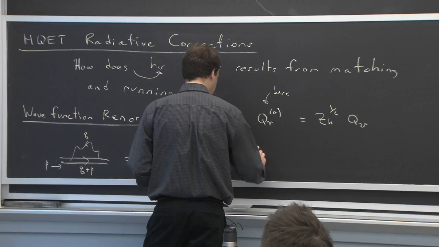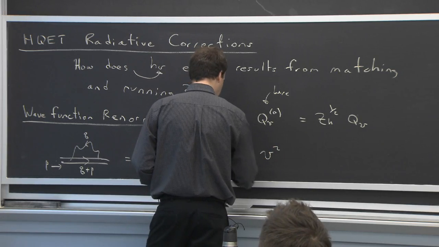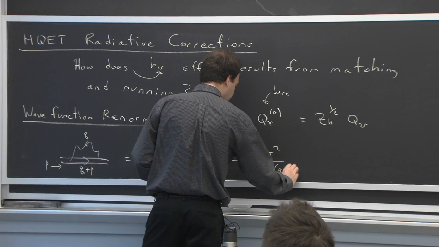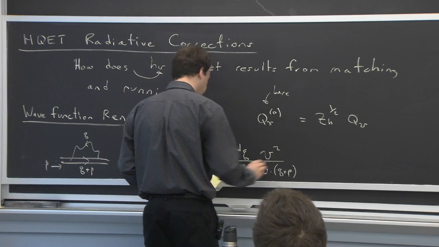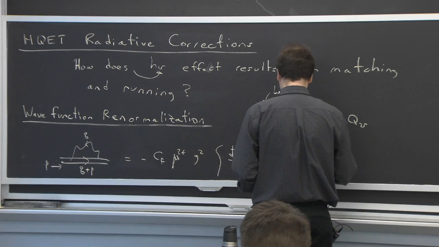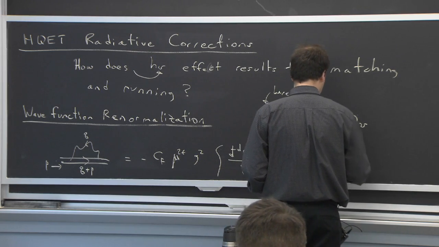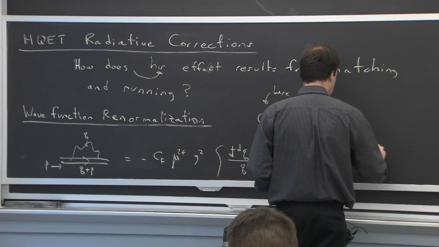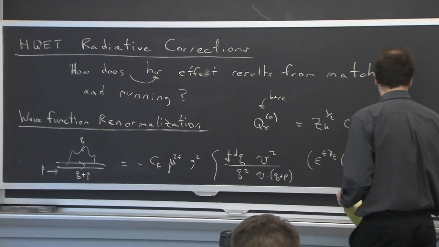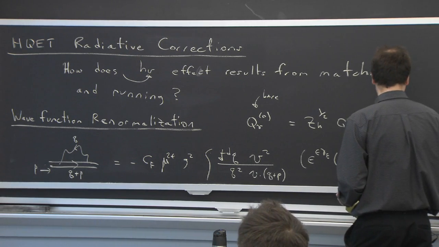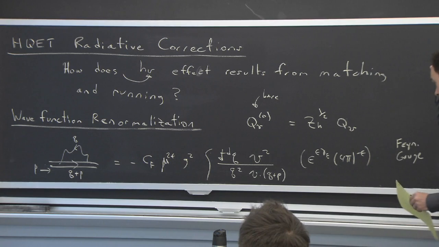Use dimensional regularization with MS bar. So there's some extra factors. And use Feynman gauge, which is usually the simplest gauge choice.